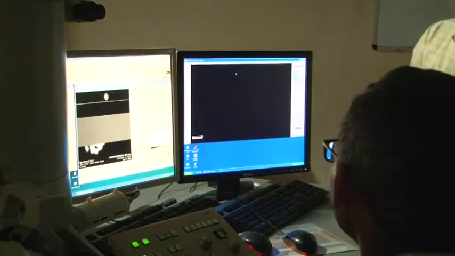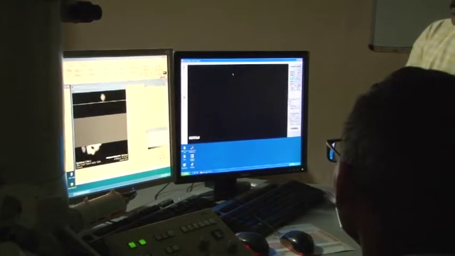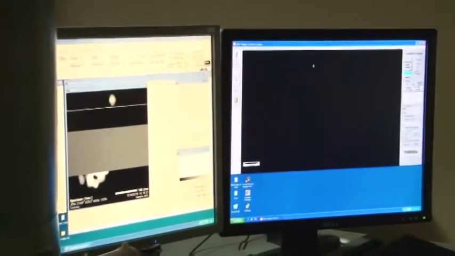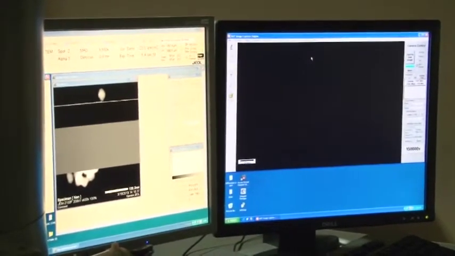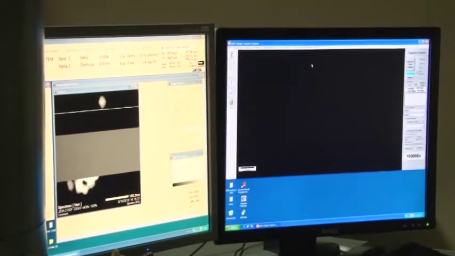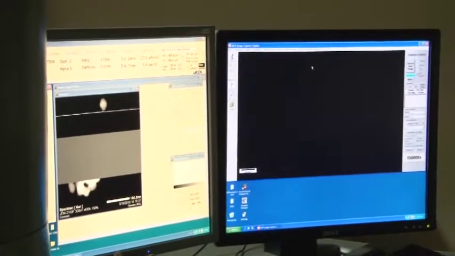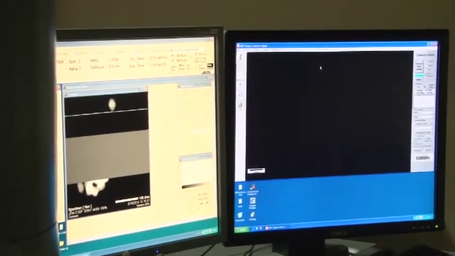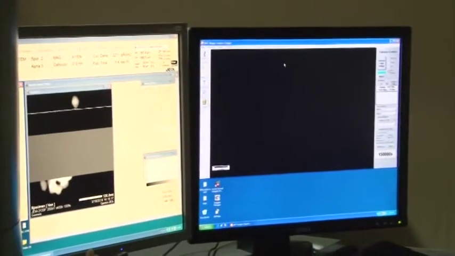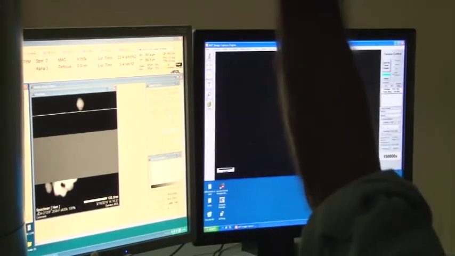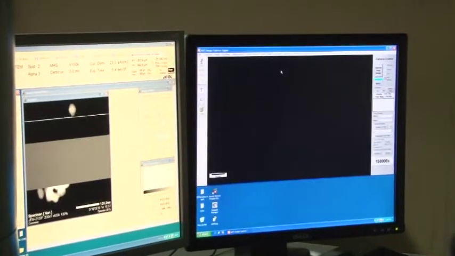So let us see. Nothing is happening. Okay, let us try with the other one. Yeah, so with this I think it is changing. And could we also see if this was moving? Yeah, so this is the way in which the sample tilt happens.